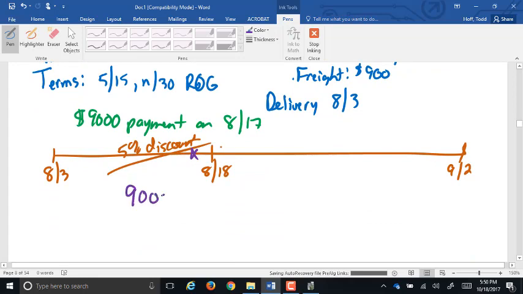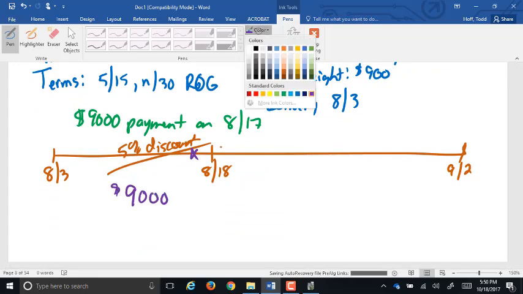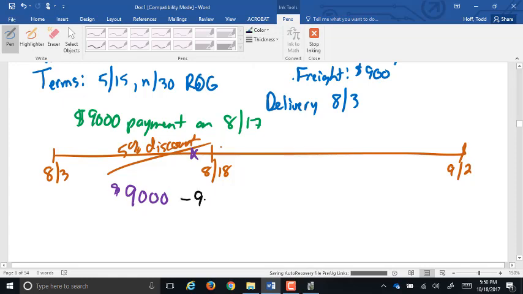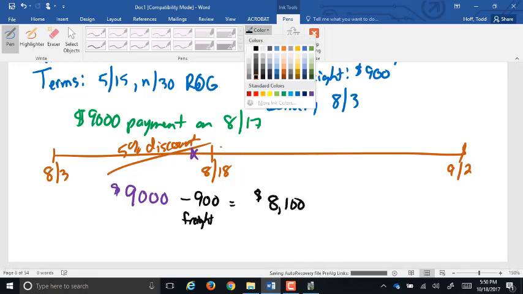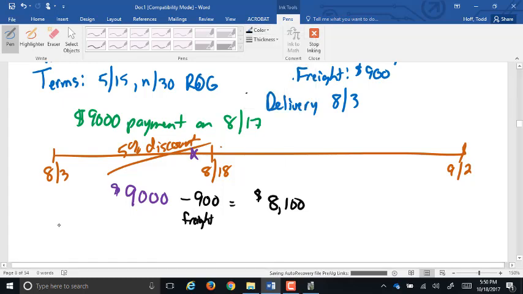So what do we do with our $9,000? Subtract 900 for freight. So 8,100 is what's going to get applied to the invoice. What do we have to do with that? Not multiplied. Divide.